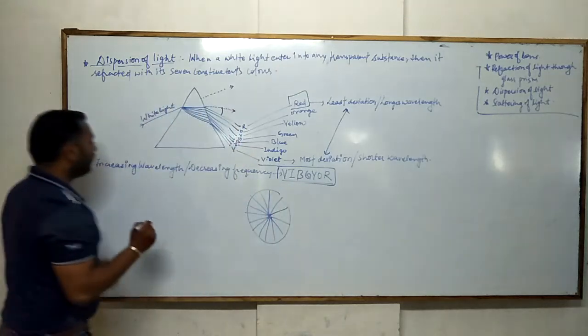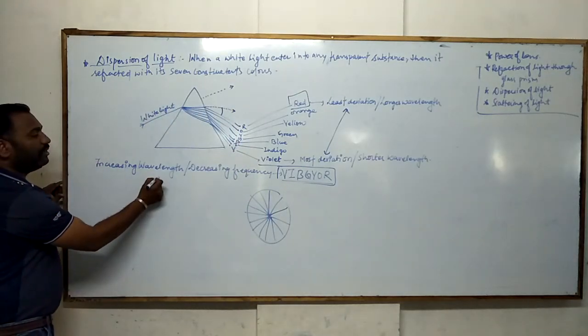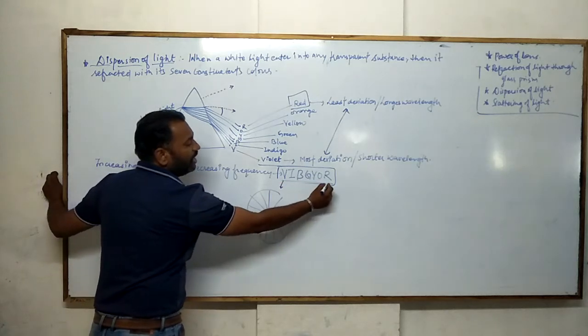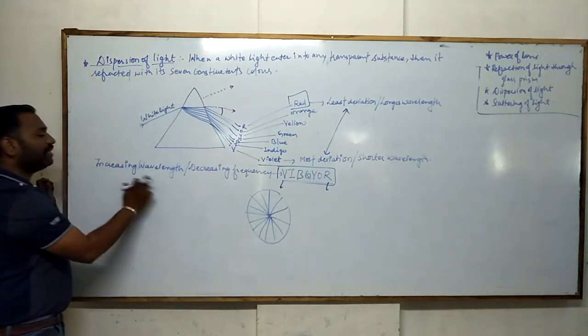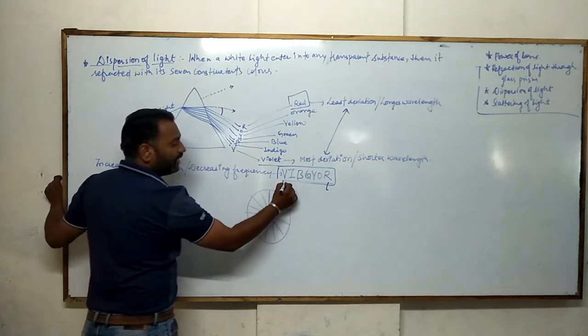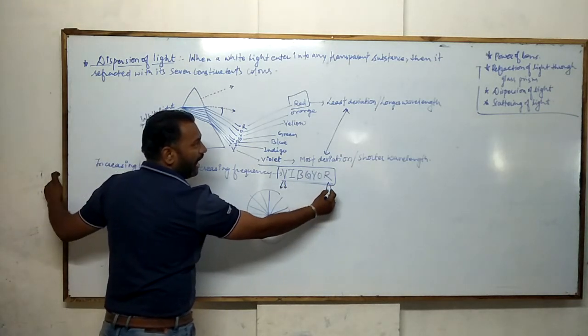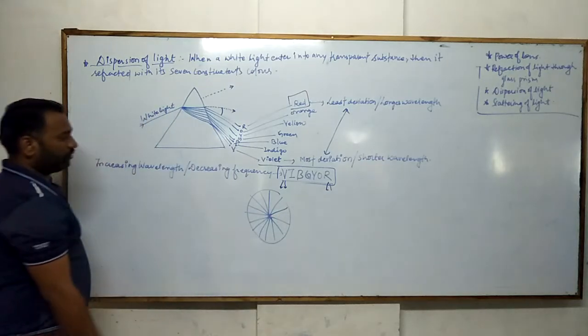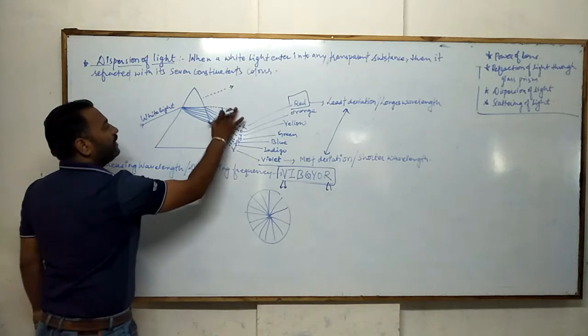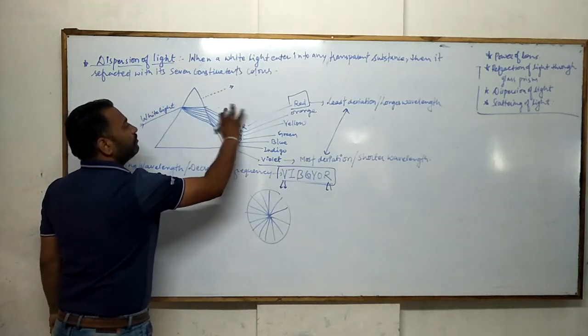Increasing wavelength means these have the shorter wavelength and these have the higher wavelength. And decreasing frequency means this has a decreased frequency and this has a higher frequency. So you have to understand this and write it down fast.